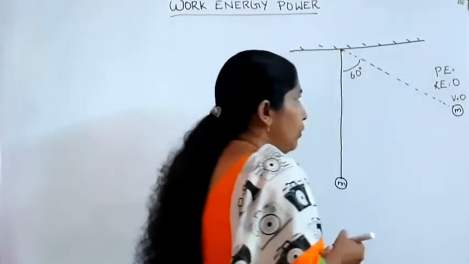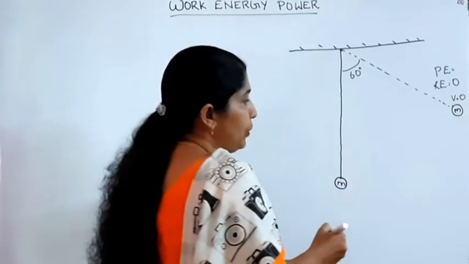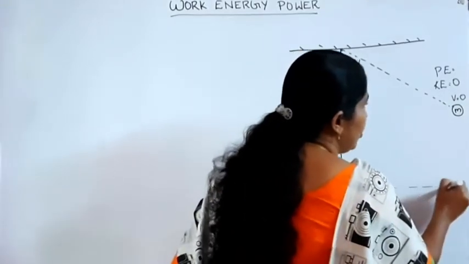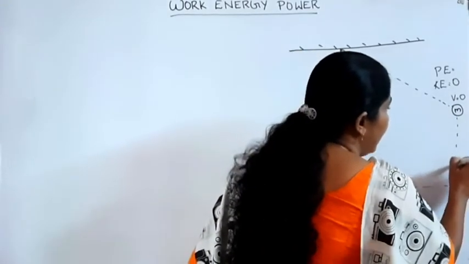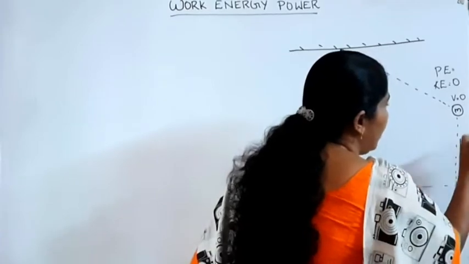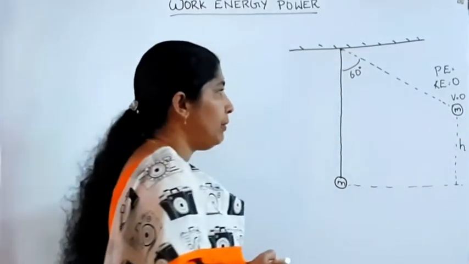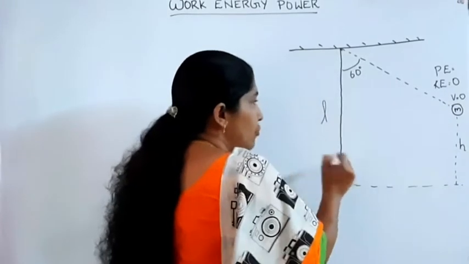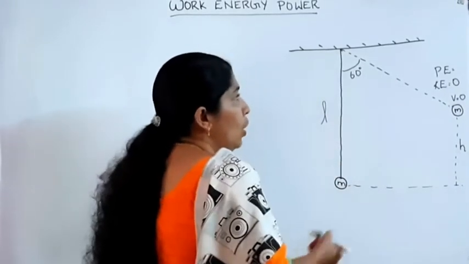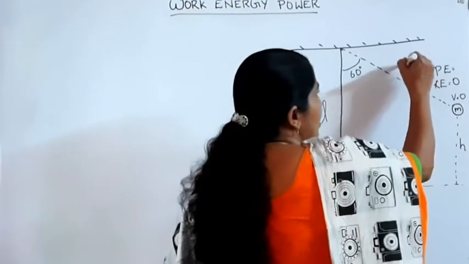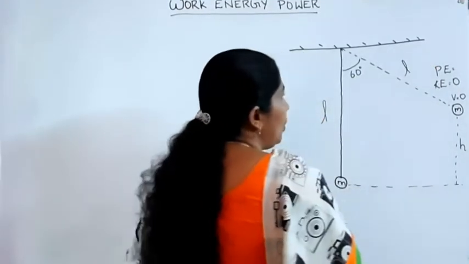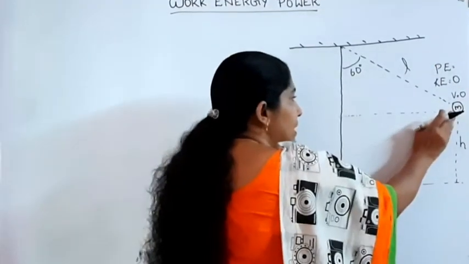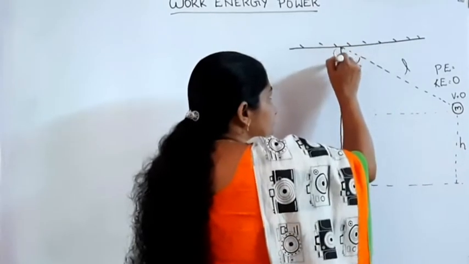To find out the potential energy, we want to know the height of this bob from the ground. Let L be the length of the pendulum, the length of the string. Then this length is also equal to L. When the pendulum is at this position, we want to find out this height.